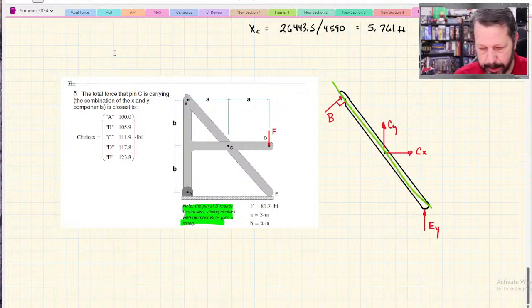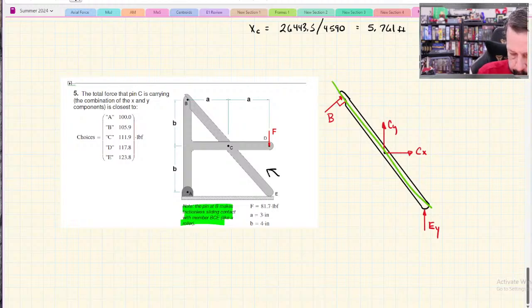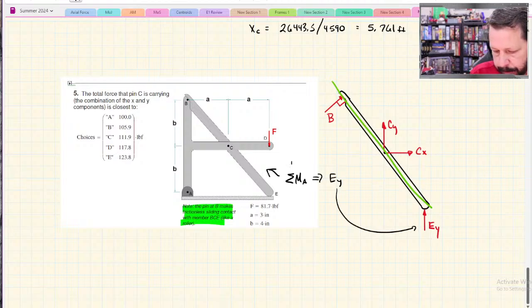Good enough. The solution steps would be to take the whole thing and do the summation of moments about A, and that will give you EY. That's step 1.